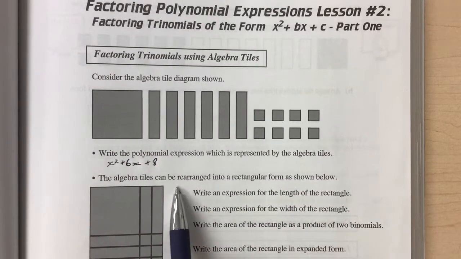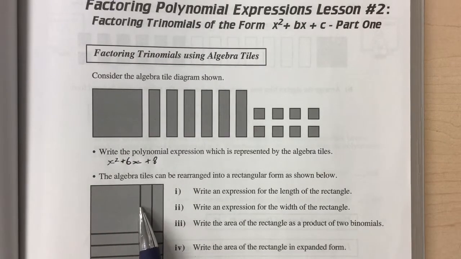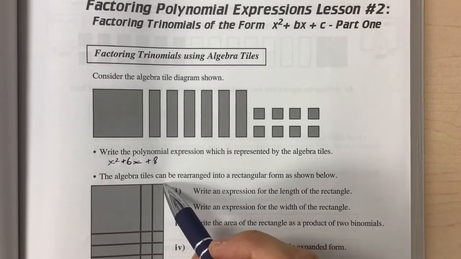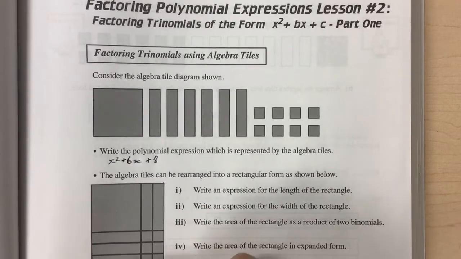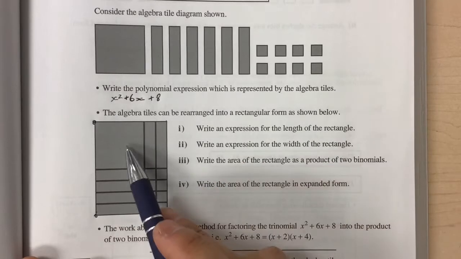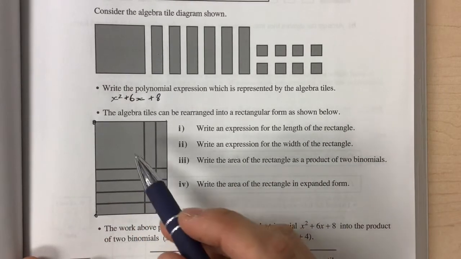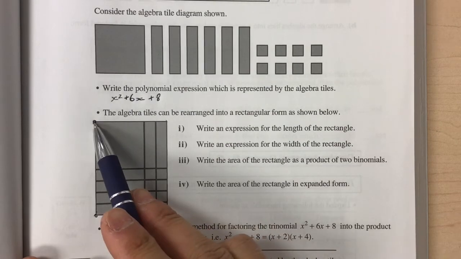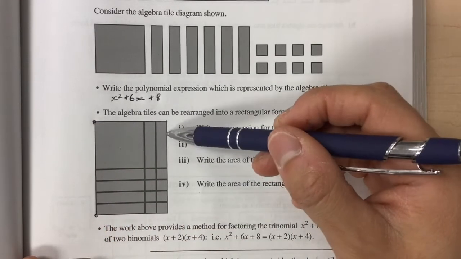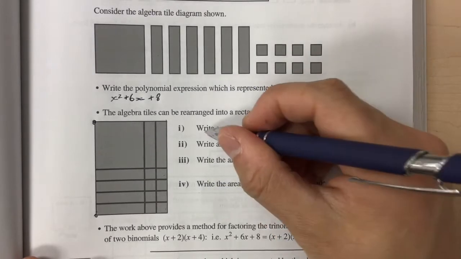The algebra tiles can also be rearranged into a rectangular form as we see here. We want to write an expression for the length, so from this point to this point, we would have x plus 1, 2, 3, 4.